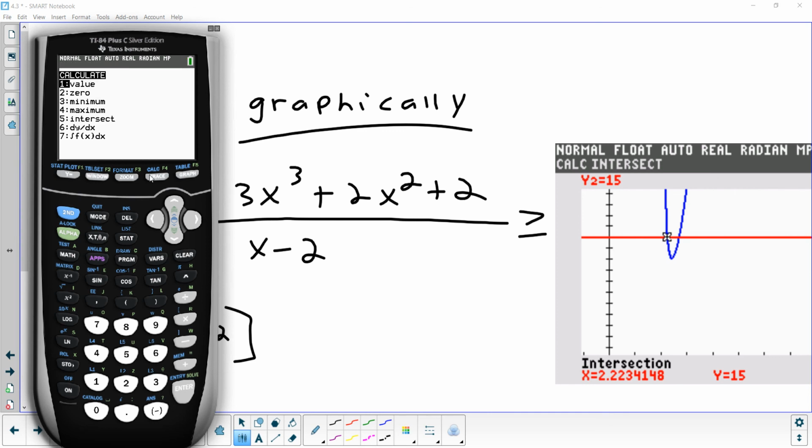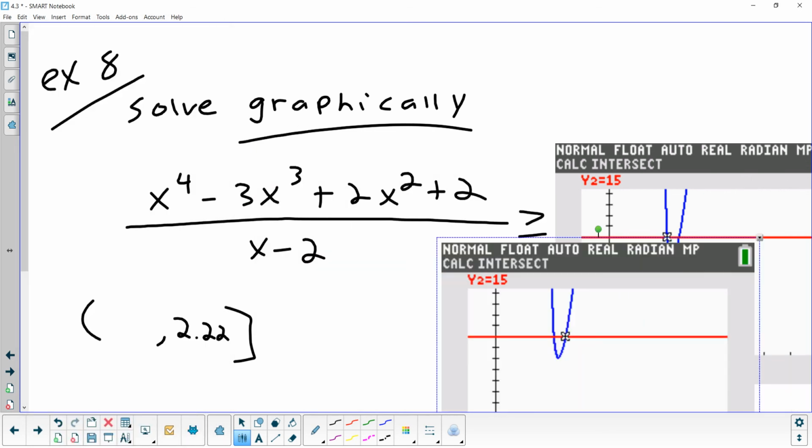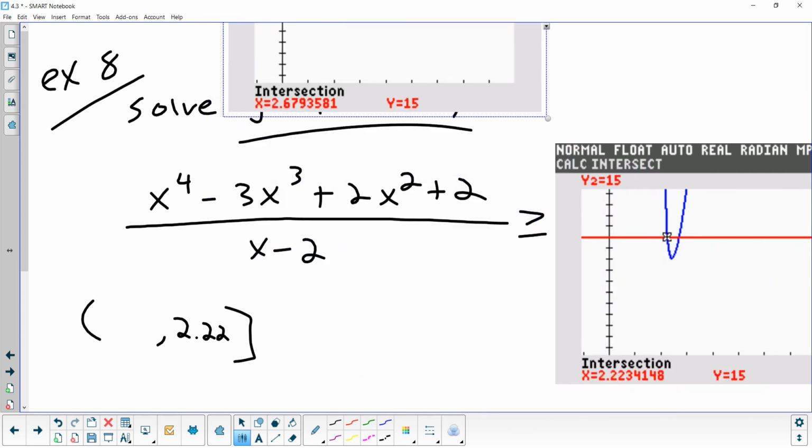Might help. Let me get the other intersect first, and then let me zoom back out. All right, so here's the other intersect, which we'll use in a little bit. Just put it up here.